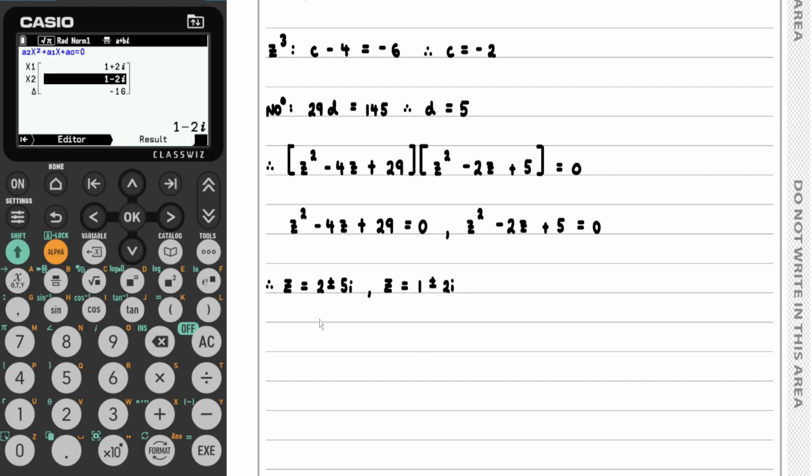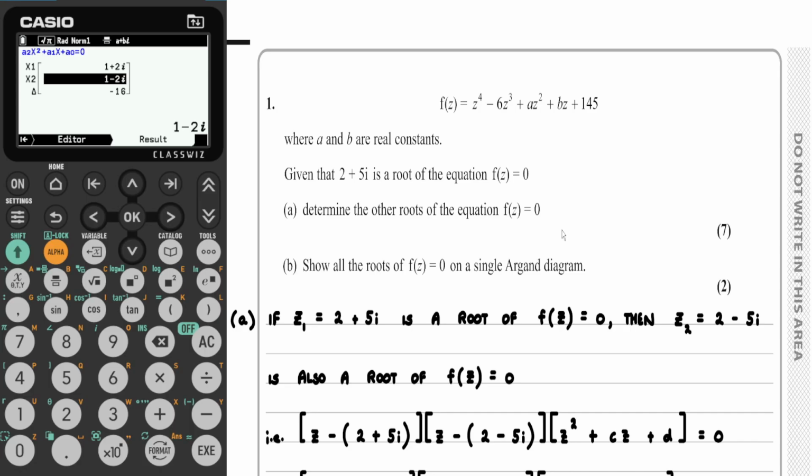So the polynomial of degree 4, when we set that equal to 0, we get solutions of z equals 2 plus minus 5i and z equals 1 plus minus 2i. Part B, show all the roots of f of z equals 0 on a single Argand diagram.